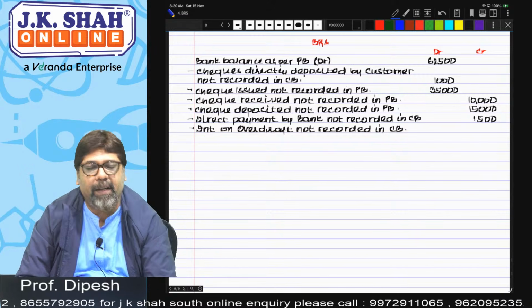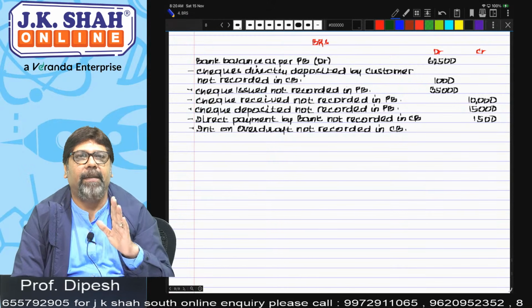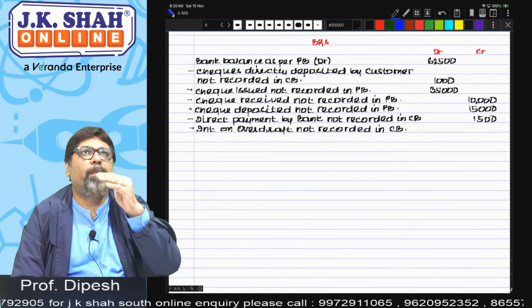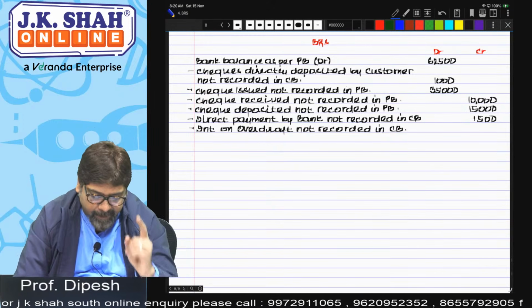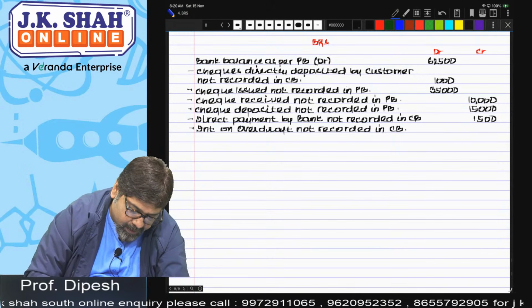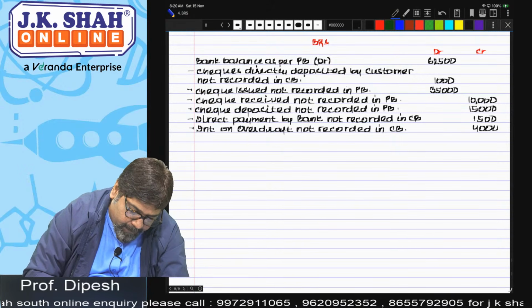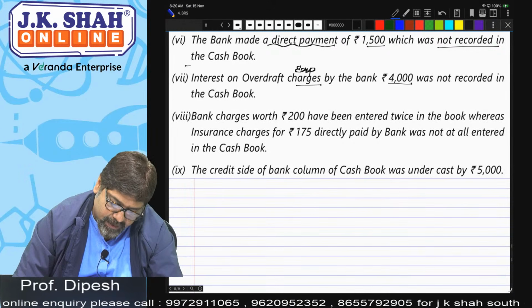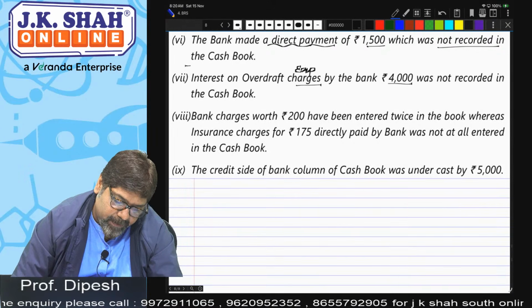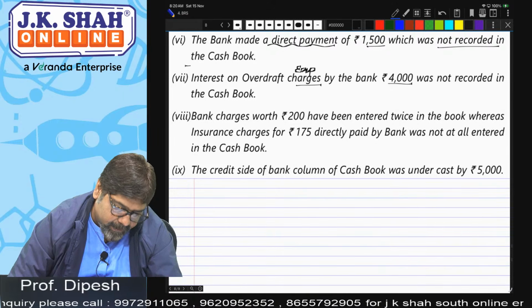This is a payment not recorded in the cash book. Yes, payment will come in cash book on which side? The cash book mein receipts will come on debit side, payment will come on credit side. This is a payment, it will come on credit side. How much? 4,000. Then bank charges worth rupees 200 has been entered twice in the book.